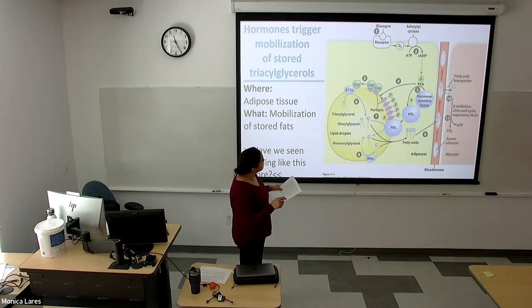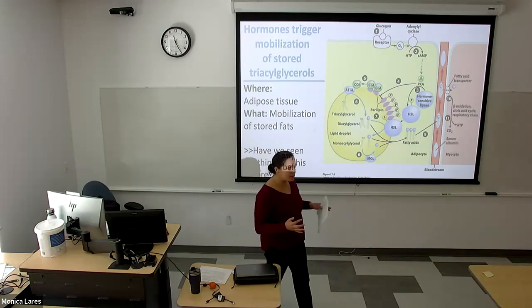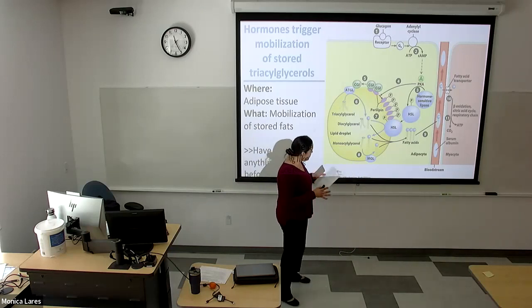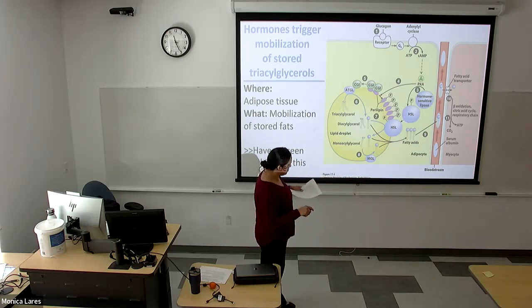It goes through this series of events with adenylyl cyclase, which leads to cyclic AMP, activation of protein kinase A. And protein kinase A is a kinase. It phosphorylates these perilipins, and that causes them to open up. It causes the lipid droplet to open up, and that allows the free fatty acids stored in there to get released into the blood.